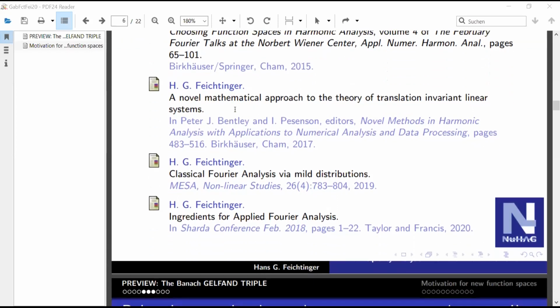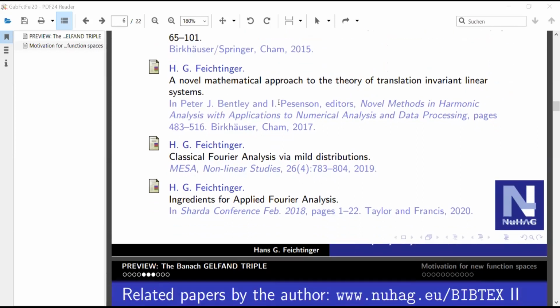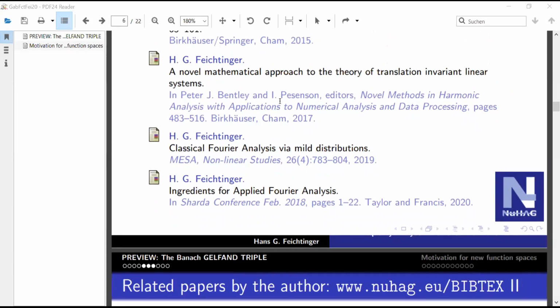Then the novel approach is that I was saying that engineers are interested in convolution and Fourier transform because they want to describe the translation invariant system as it is appearing in engineering by a convolution operator. And the convolution operator can be turned into a multiplication operator.